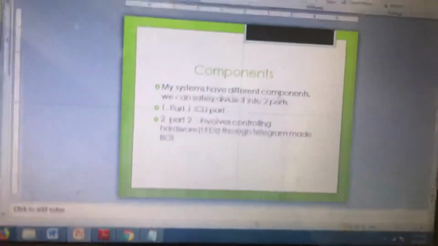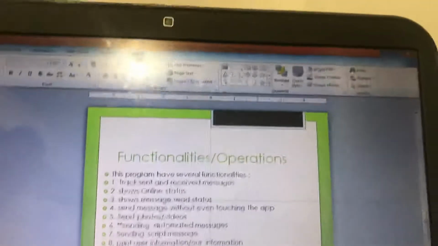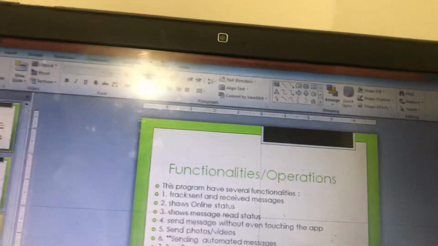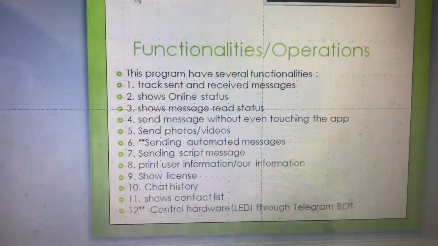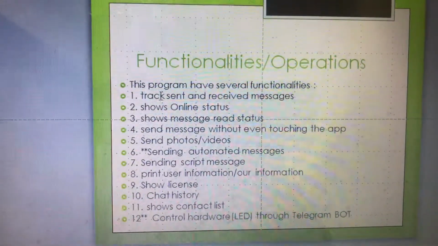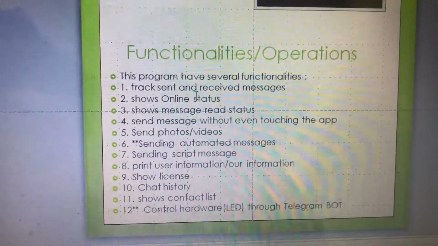So first let's move to the functionalities. I will implement the functionalities one by one and show you the demonstration via the Raspberry Pi. The first thing is to track sent and received messages and show the online status.